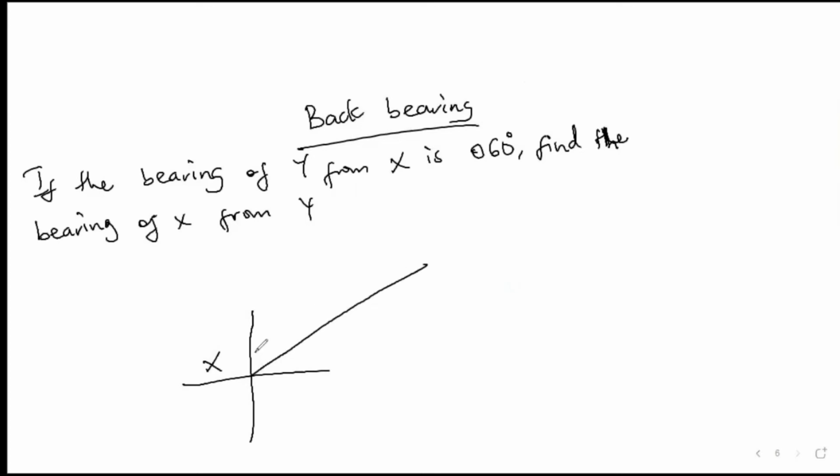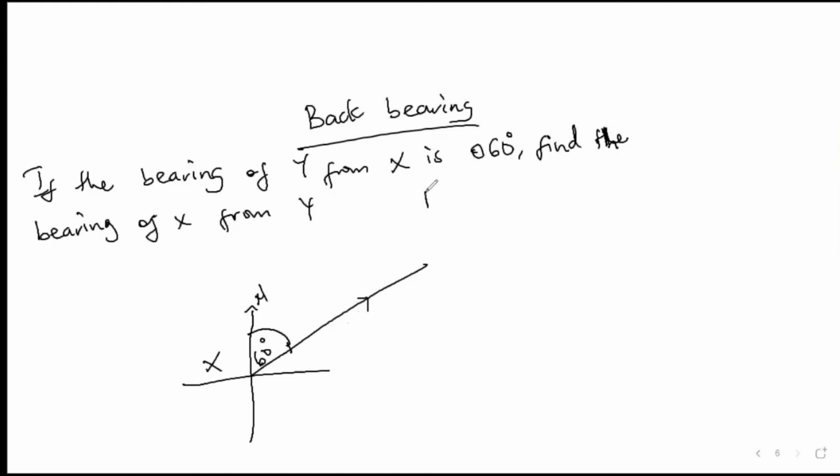And we have the North Pole. That is what we read from. We read from the North Pole to where? Usually too, we use arrows to show direction in bearing. It's very important.